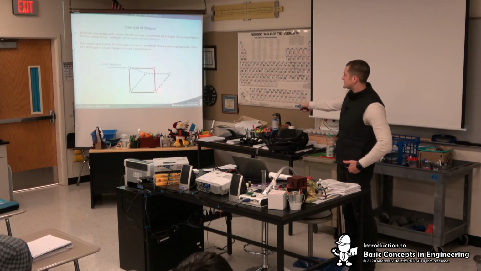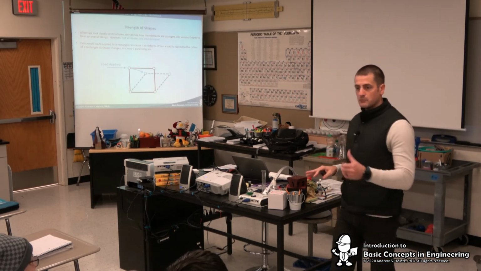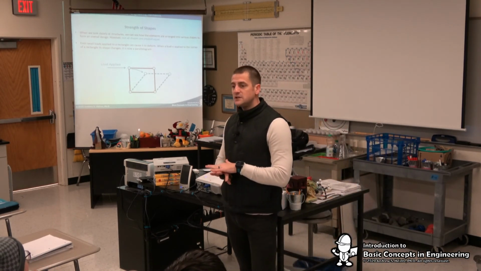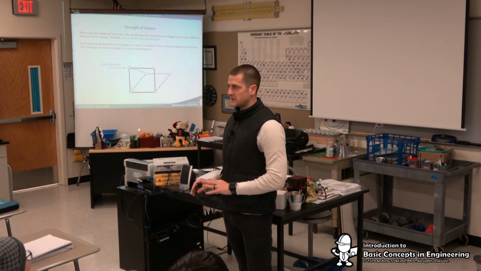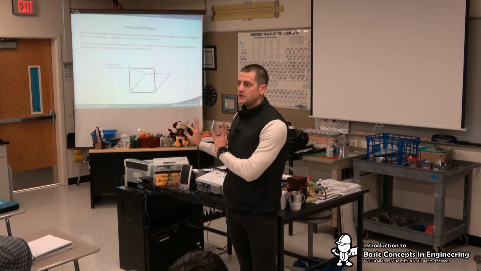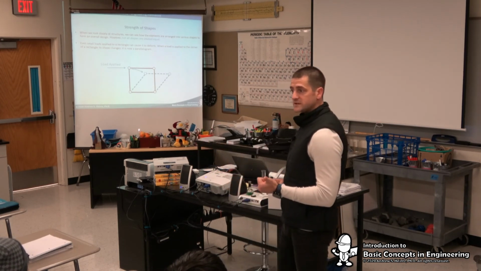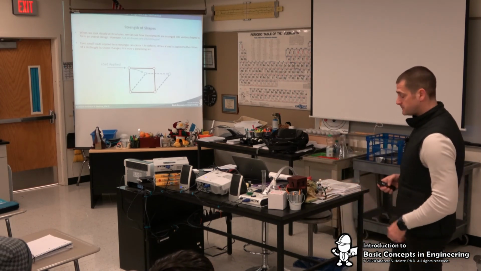None of our structural members have broken. None of our structural members have deformed. We haven't had to deal with the material properties of those at all. And we'll be talking about material properties much later in the semester. But fundamentally, we haven't had to do anything to those members. They haven't broken, they haven't failed. Okay? So our material design can be solid, while our engineering design is not solid in this case.